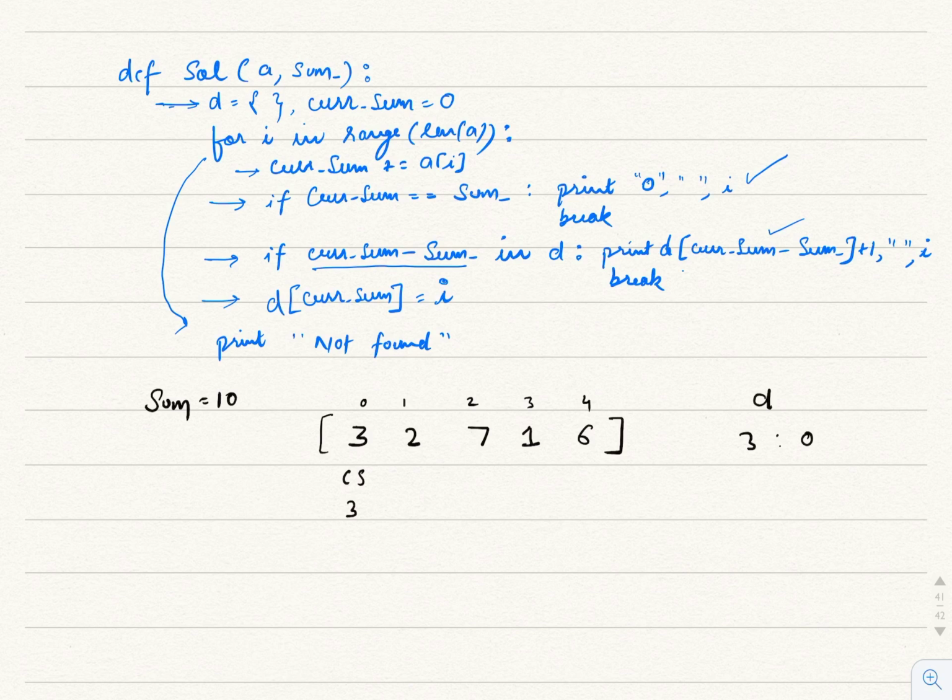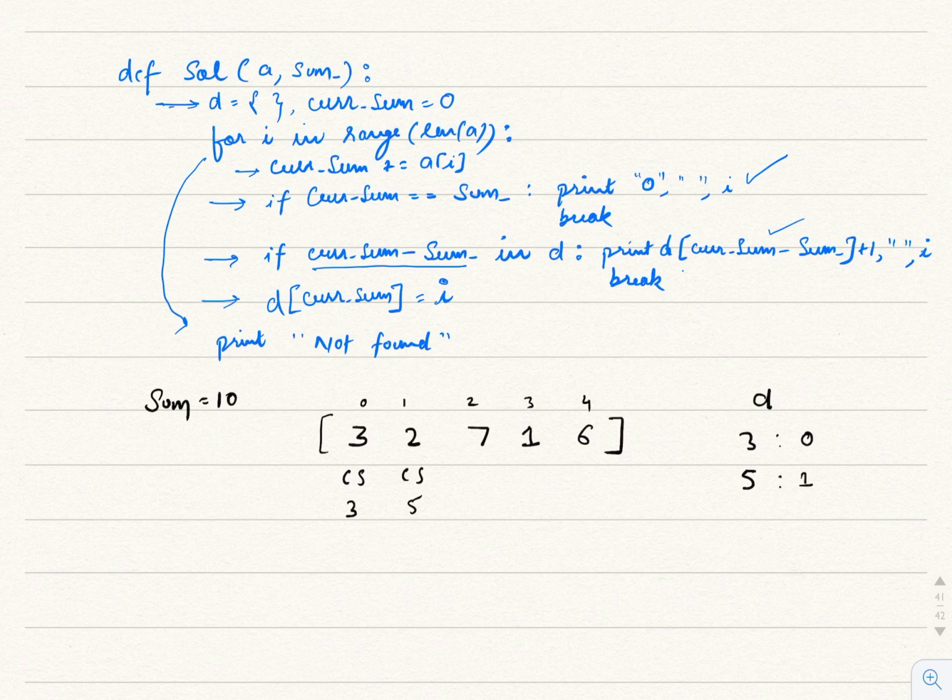At index 1, the current sum is 3 plus 2, which is 5. Is it equal to the given sum? No. Is the current sum minus the given sum present in the dictionary, which is 5 minus 10, which is minus 5, which is not present in the dictionary. So we'll move on to putting the current sum into the dictionary, which will be 5, and we'll assign the value as 1.